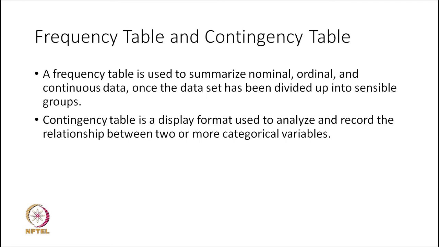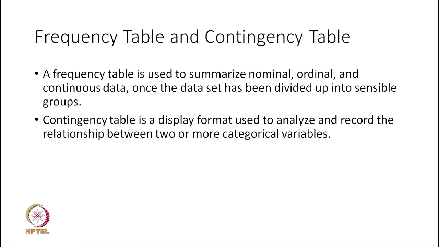Now, we are going to describe the ways you can do the graphical representation of data. The easiest form is the frequency table and the second one is the contingency table. These are the two ways you can illustrate the data.